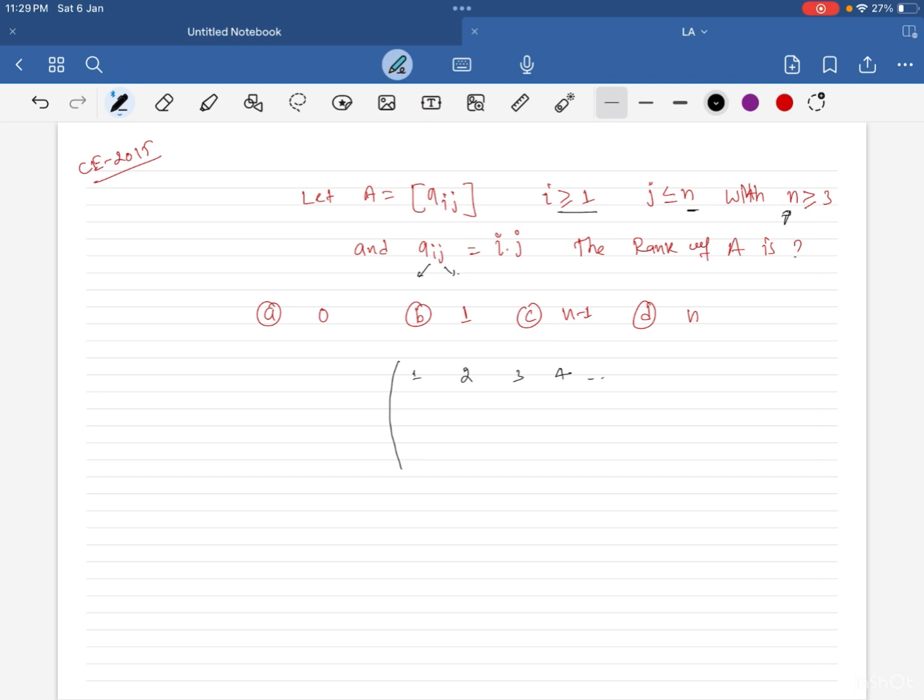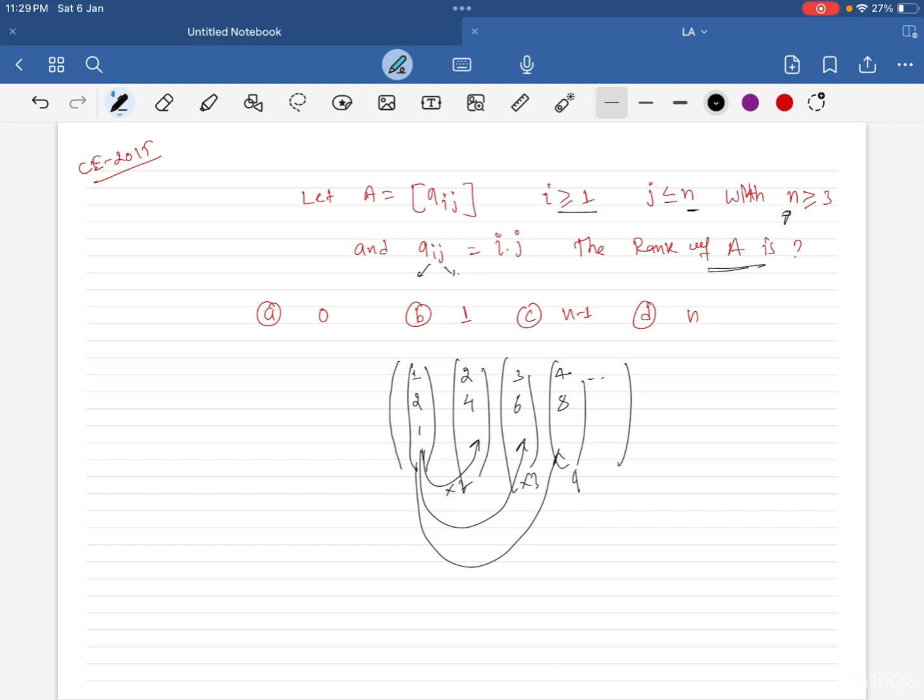Similarly, if we write the second row, it would be 2 into 1, 2 into 2 is 4, 2 into 3 is 6, 2 into 4 is 8. We are asked about the rank of A. You see that this vector is going to be 2 times a multiple of this, and this is going to be 3 times a multiple of this, and this is going to be 4 times a multiple.